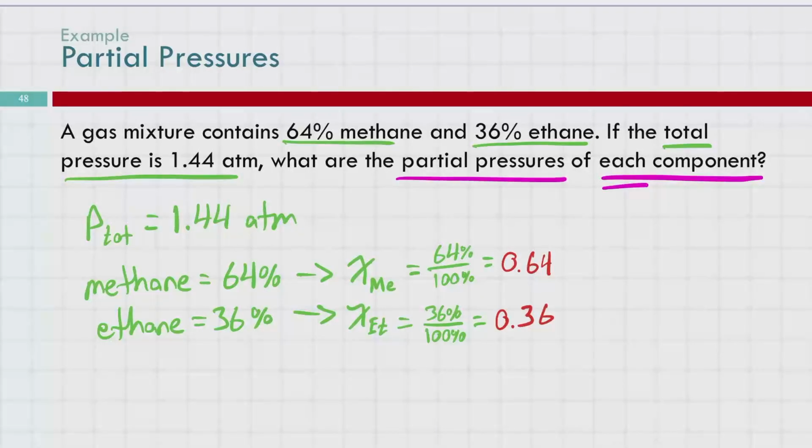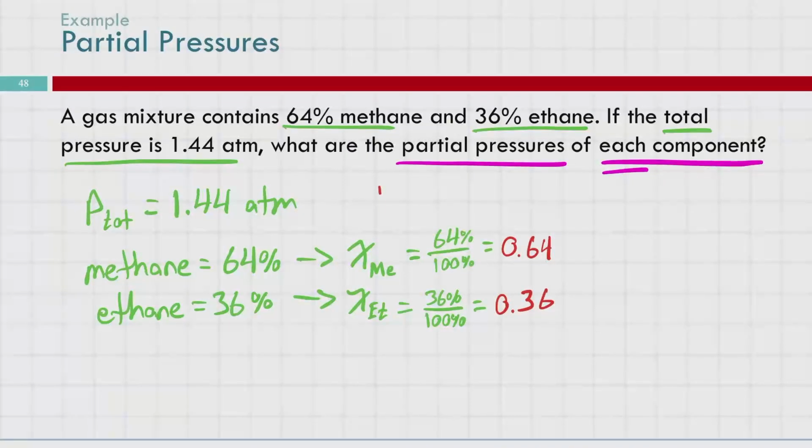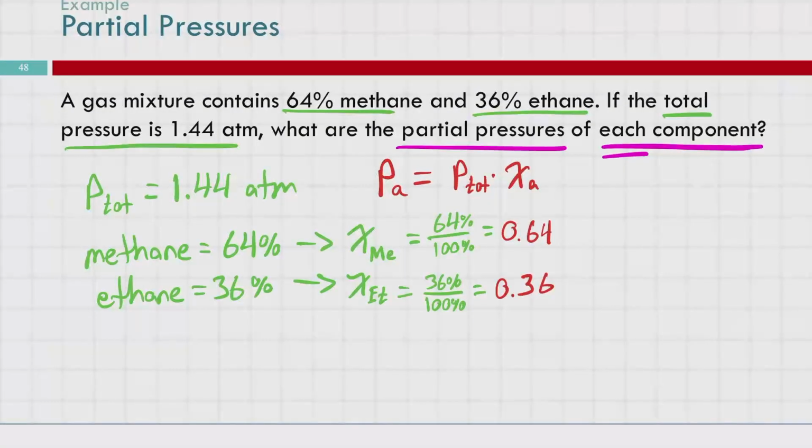And now that we have their fractional compositions and we've got the total pressure, the pressure of some component is the total pressure times the fractional composition of that. We've got the fractional compositions, we've got the total pressure, so we can plug them into this equation and we'll get out the partial pressures.